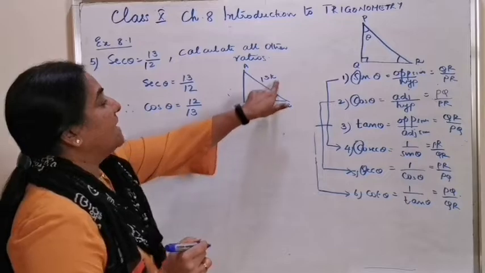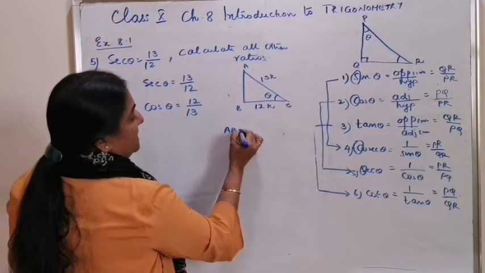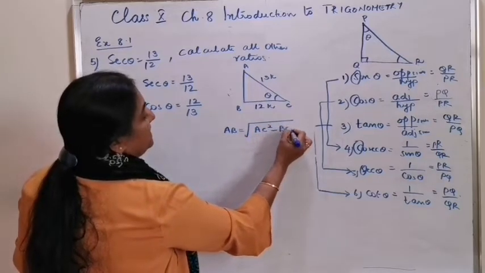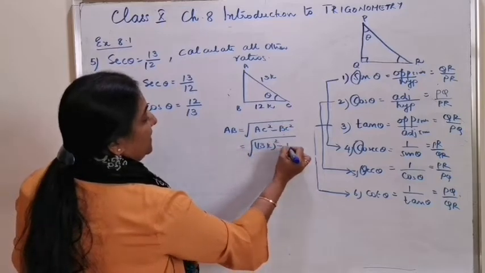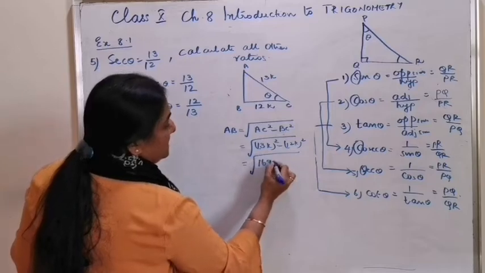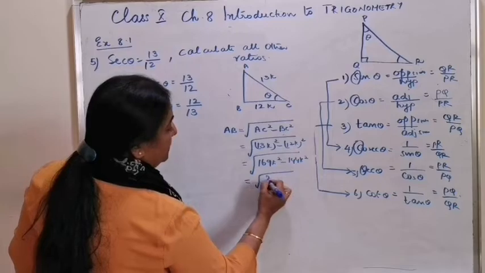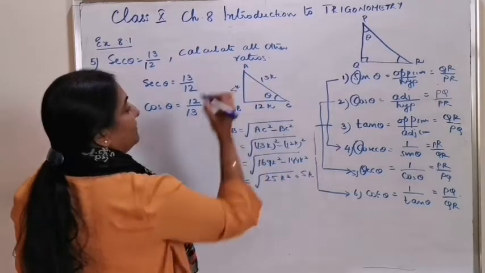Adjacent side by hypotenuse. Then immediately you can find out AB as square root of AC square minus BC square, which is equal to 13k the whole square minus 12k the whole square. Square root of 169k square minus 144k square, square root of 25k square, or 5k.